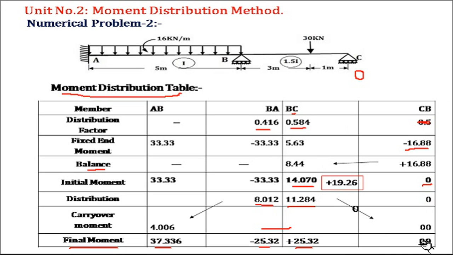And the final moment in member CB is 0. So these are the final moments in different members of the continuous beam ABC, which will be required to draw the bending moment diagram, and that we will see in the next video. Thank you for watching this video.